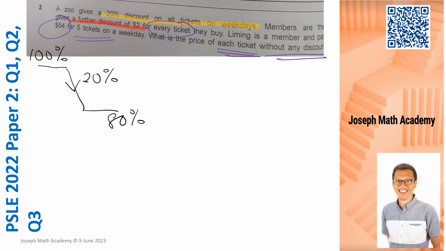Now, for members like Li Ming, upon payment, Li Ming showed the cashier the membership card, and is entitled to $2 further discount on every ticket bought. And Li Ming paid a total of $54 for 5 tickets on a weekday.